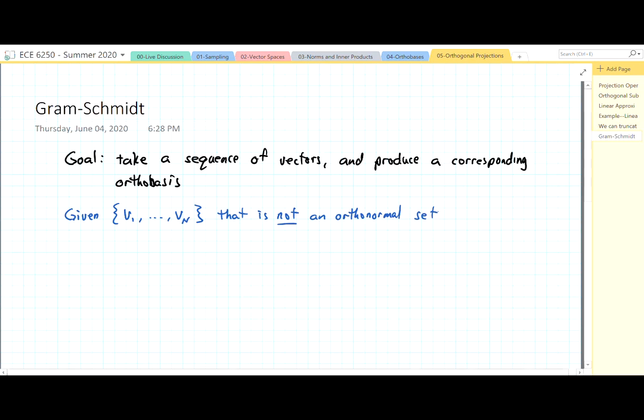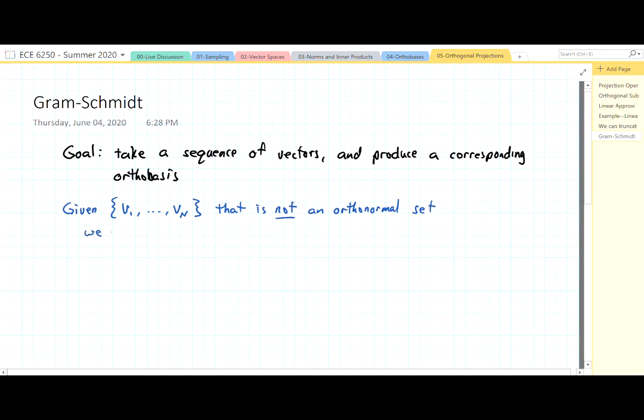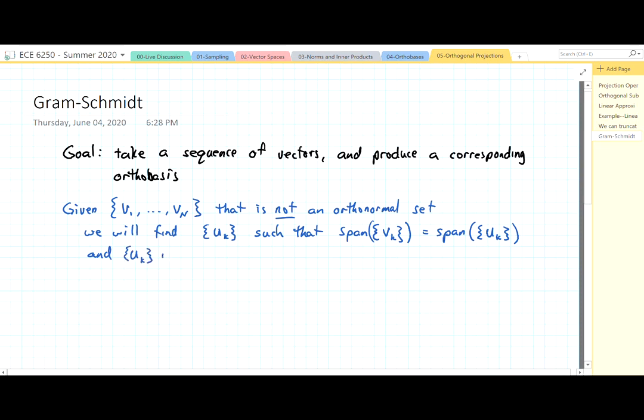So our goal is, we will find a set of U vectors such that the span of our VK is equal to the span of our U vectors, and UK is an orthonormal basis.